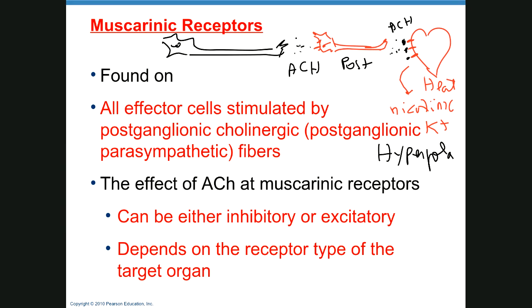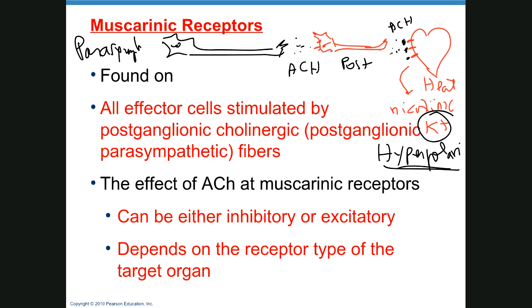It cannot contract, it slows down, so that the parasympathetic nervous system is going to make the heart beat slower, because it's going to take it longer to create a beat, because it's hyperpolarized, because the nicotinic receptor of the heart is a potassium channel.